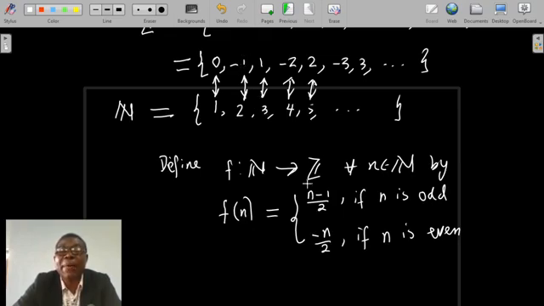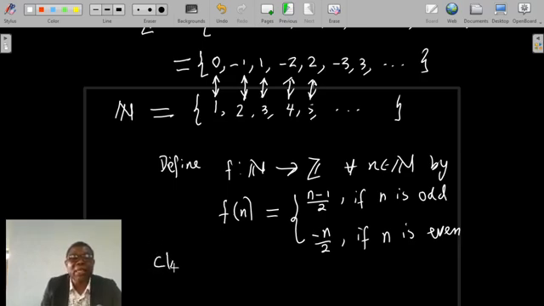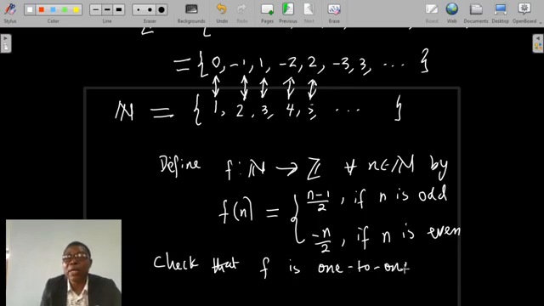When n is 3, I'll get 3 minus 1 over 2, which will give me 1. And when n is 4, I'll get minus 4 over 2, and this will give me minus 2. So this particular map is the map we are talking about. And I will leave it as an exercise for listeners to check that this f is 1 to 1 and onto.